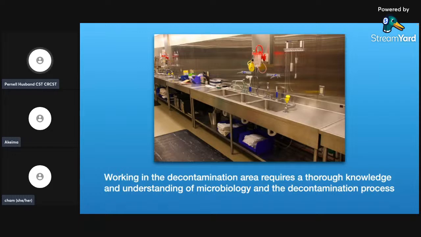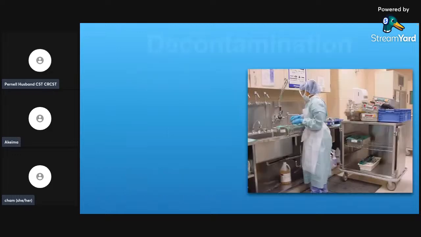Remember, there are 3 functional areas to the department. The decontamination area is the collection point of all of the soiled items in the healthcare facility. Again, it requires a thorough knowledge and understanding of microbiology and the decontamination process.